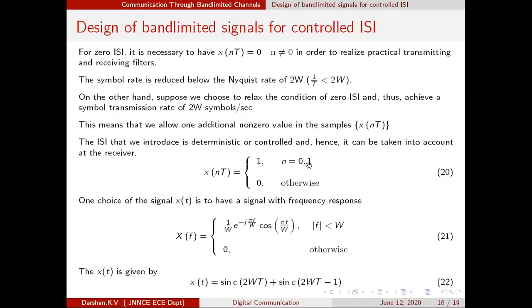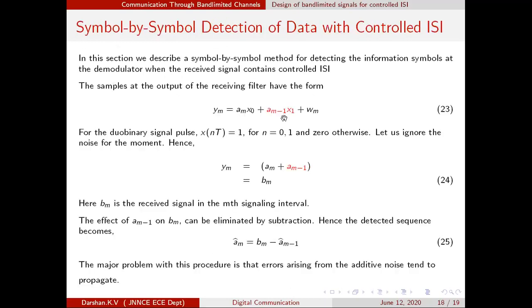Because, except at n is equal to 0, or along with n is equal to 0, one extra component has been made non-zero. So therefore these terms will appear.